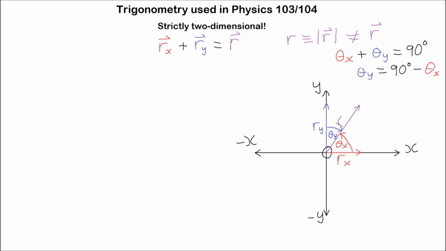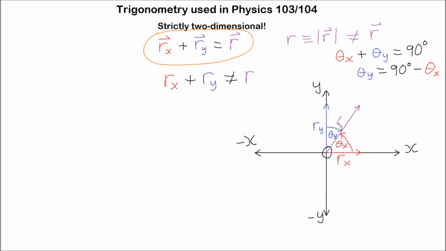The components of r vector, which are rx and ry, are themselves vectors, and in terms of vector addition, rx vector plus ry vector in fact equals r vector.